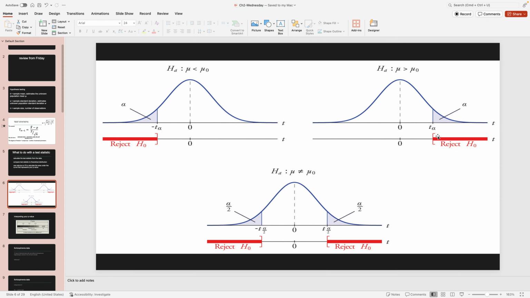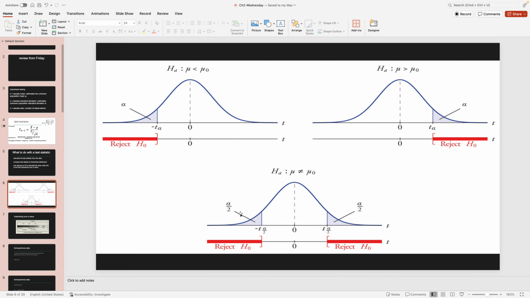Evidence that it's greater means that it's positive, and the bigger it is, the less likely it is to be consistent with the null hypothesis. Then under the alternative, there are two ways that this could be false. It could be too small, or it could be too big.